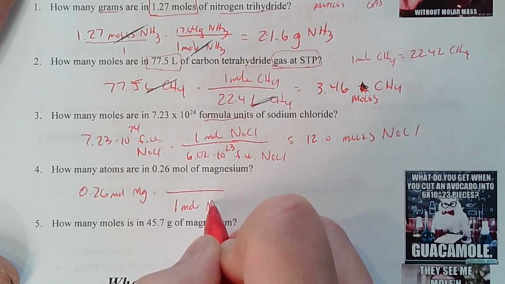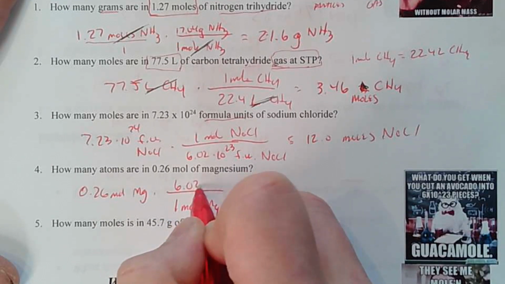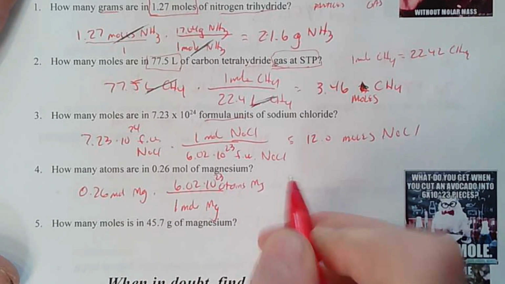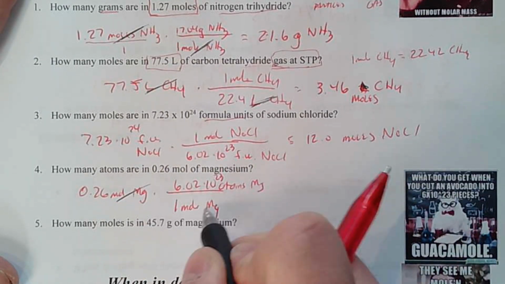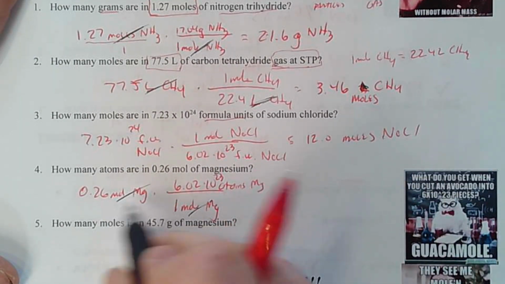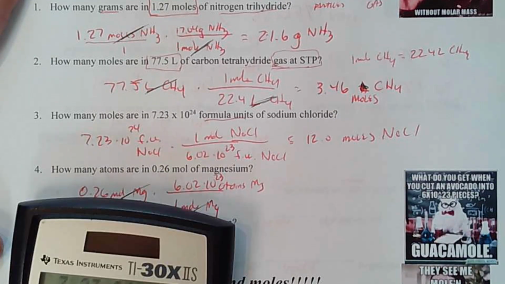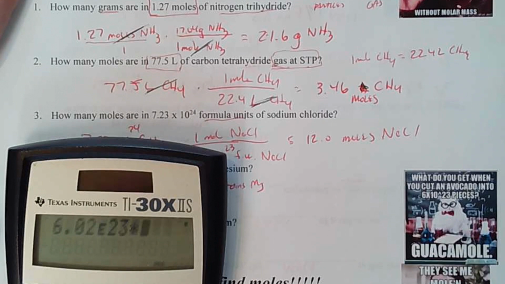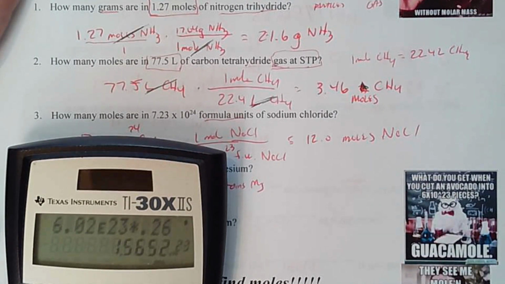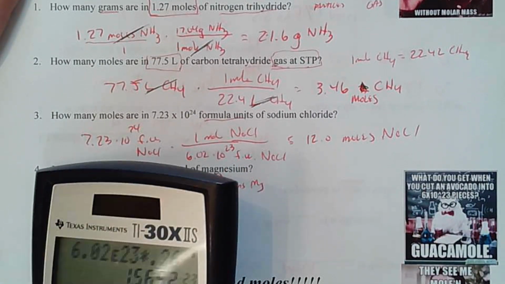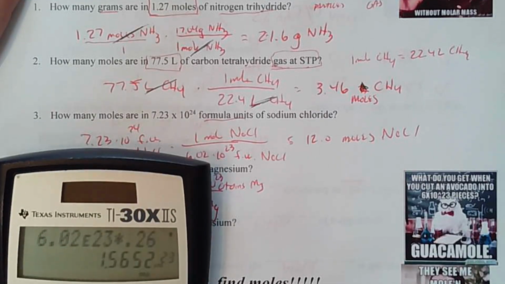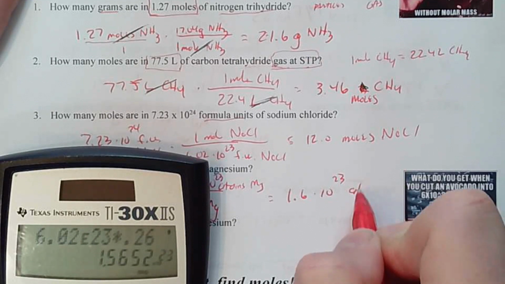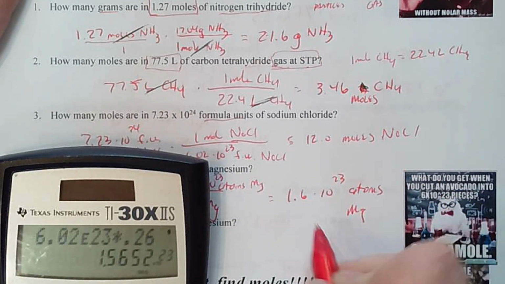So 1 mole of magnesium is equivalent to 6.02 times 10 to the 23rd atoms of magnesium. That cancels there. Now I'm just going to multiply 6.02 times 10 to the 23rd times 0.26. For the two significant figures, it's going to be 1.6 times 10 to the 23rd atoms of magnesium.